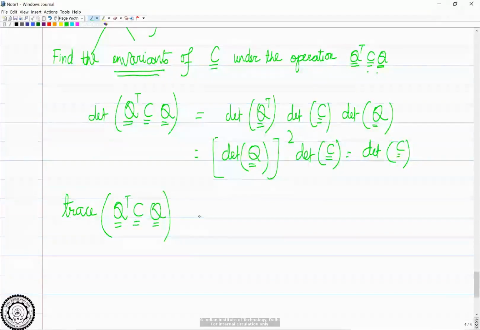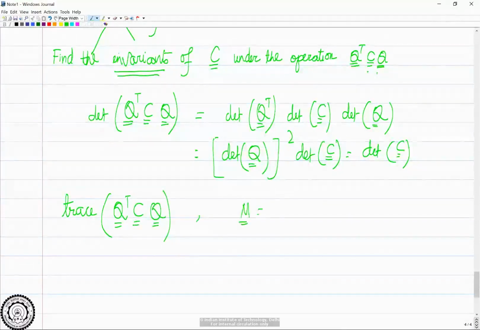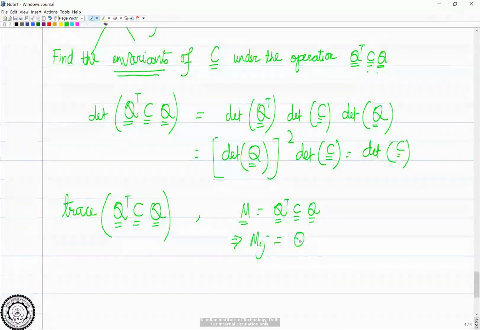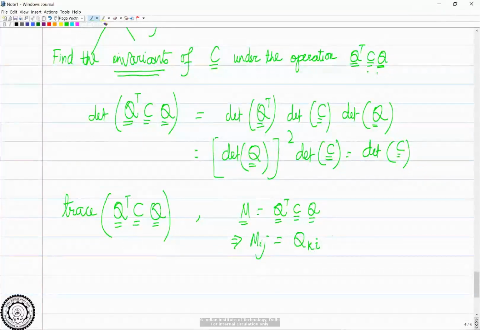Suppose I say M is equal to Q transpose CQ, then what is M_IJ? M_IJ will be Q transpose I K into C K L into Q L J. That's M_IJ.